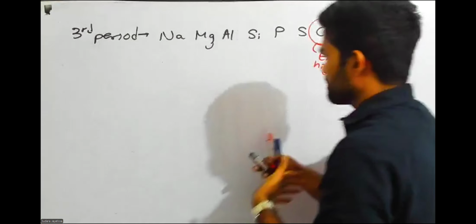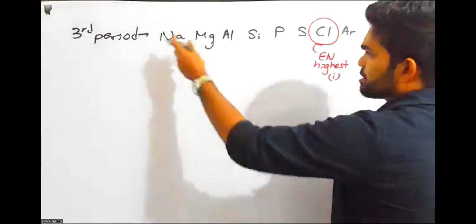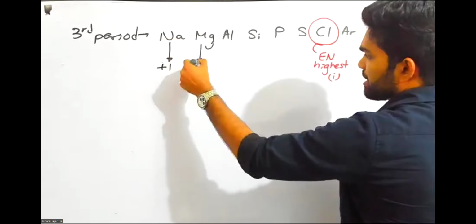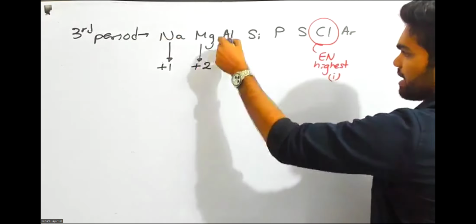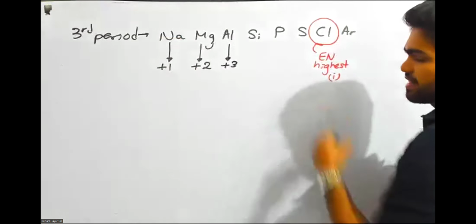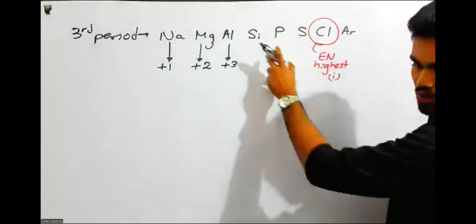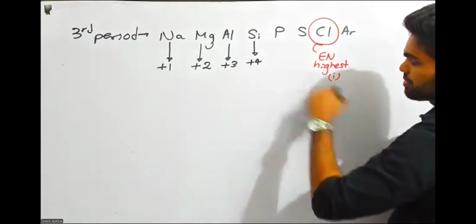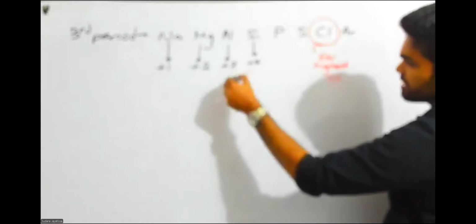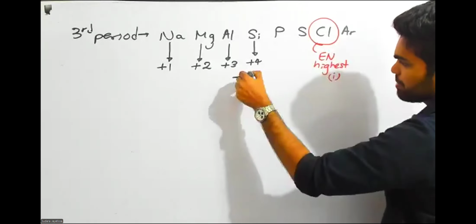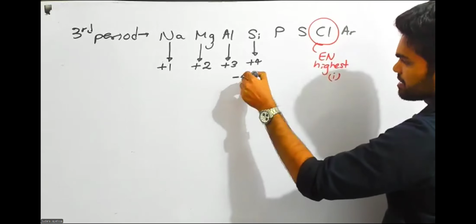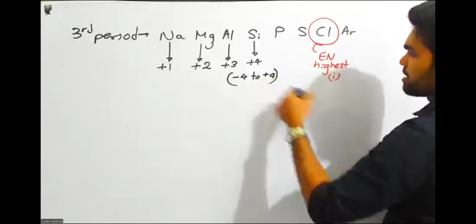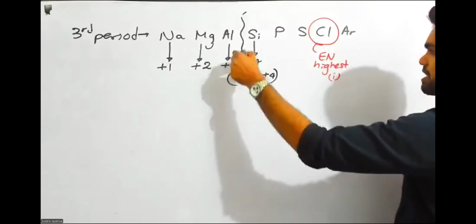The oxidation numbers for the S block are fixed. Sodium has +1, magnesium has +2, and aluminium has +3. When you go to silicon, its maximum oxidation number is +4. For silicon, you can have -4 to +4, including 0. So they have variable oxidation states.